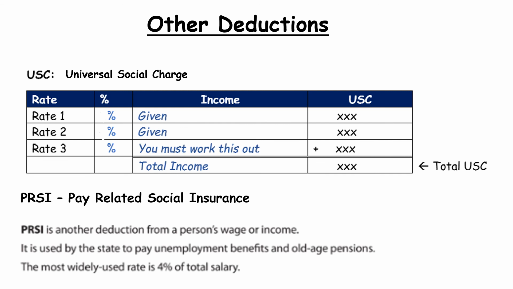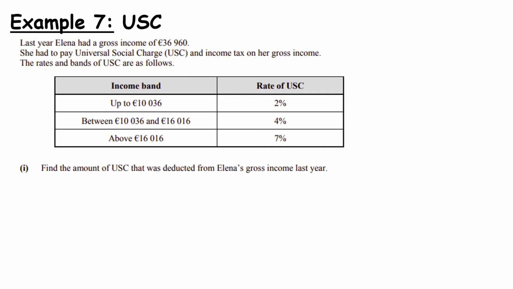PRSI, which stands for Pay-Related Social Insurance, is an insurance that's taken by the government, and this insurance is used to pay for unemployment benefits, pensions, and if you do something like maternity leave. Usually it's about 4% total of salary, so it's just a very simple calculation, 4% of your gross income.